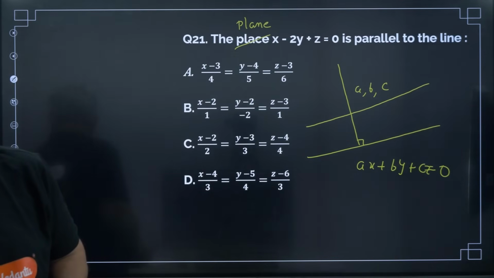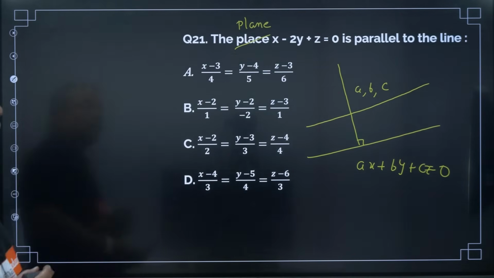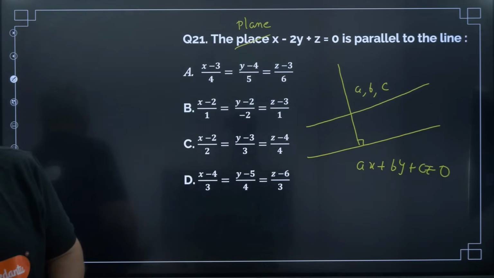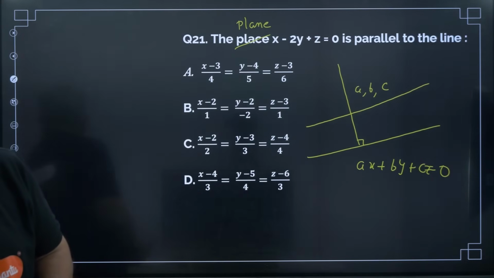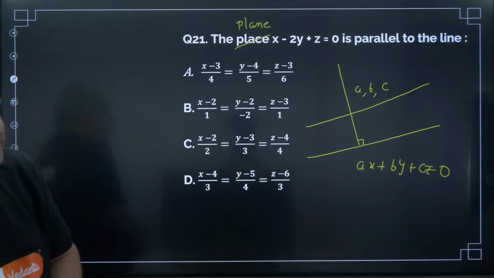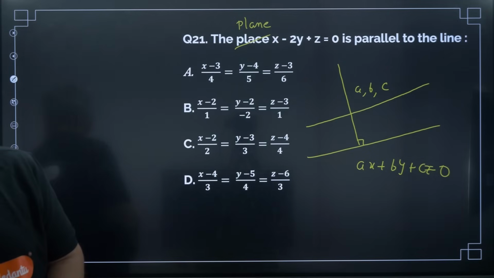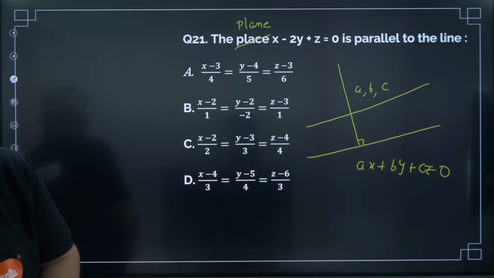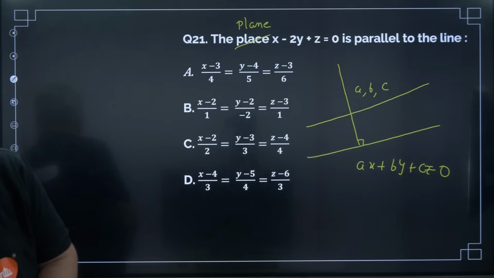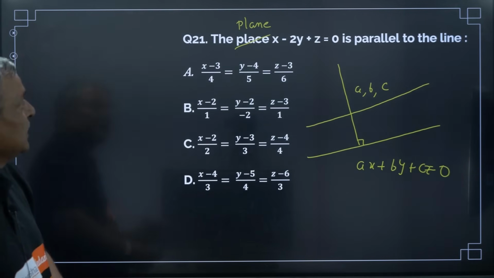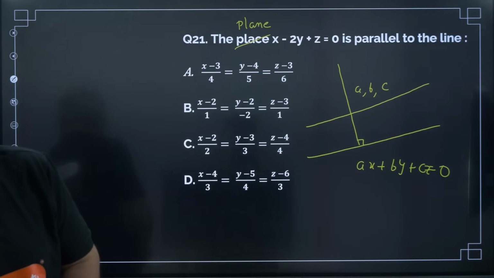By seeing the observation, we get this is question number 20. This one will be, let me check what the options are. Let me check whether the question is correct or not.